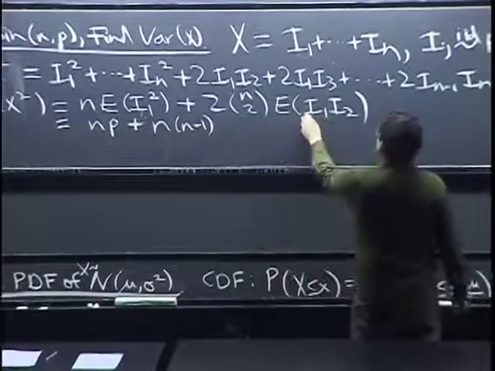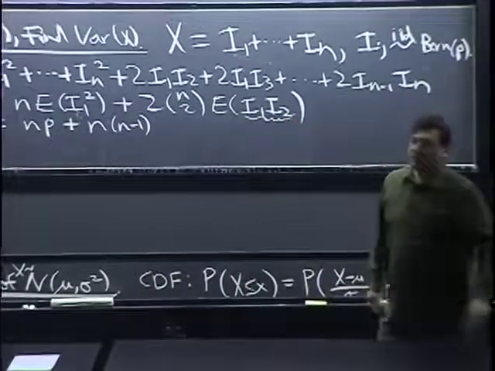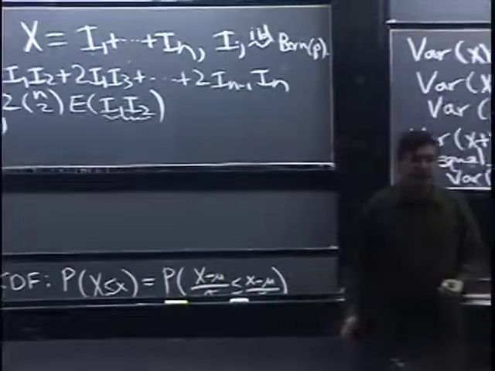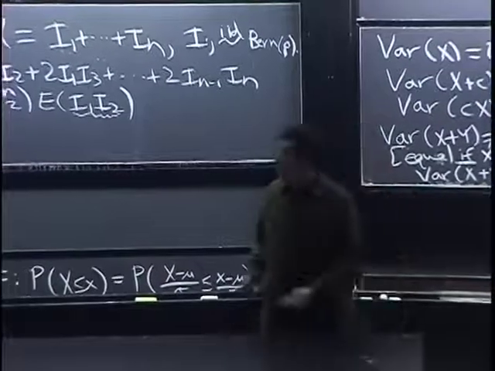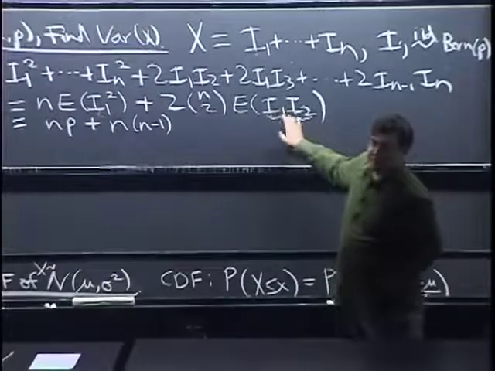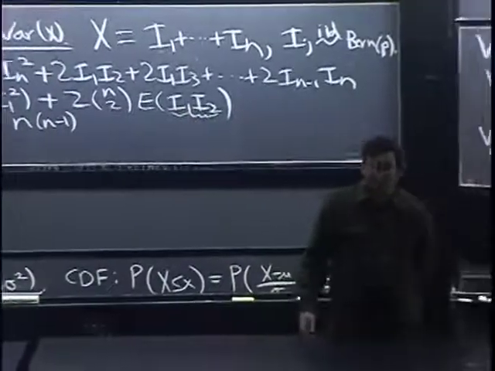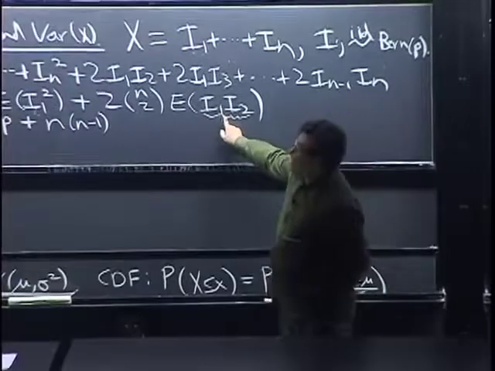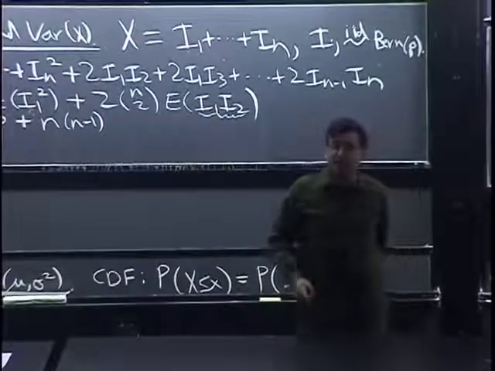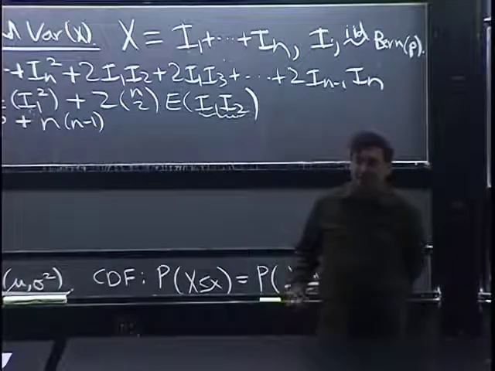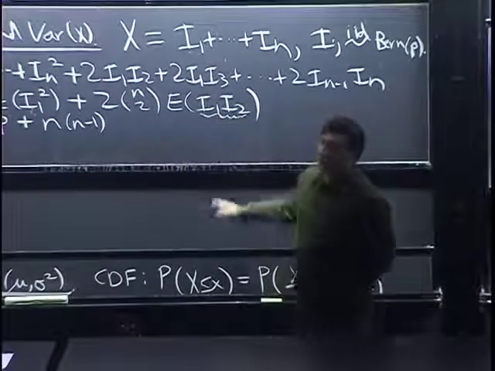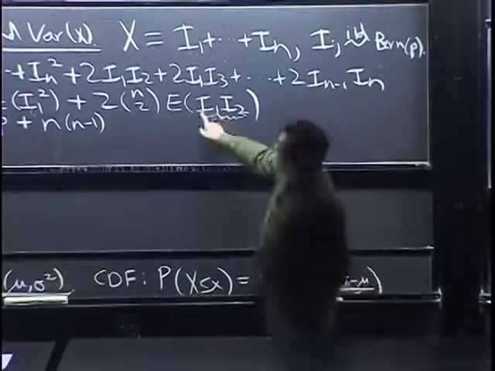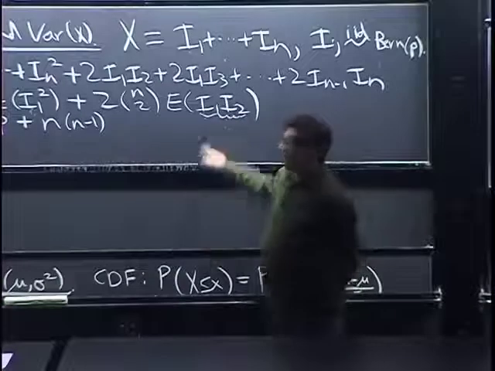Now let's think about this indicator random variable. Well, I called it an indicator random variable. Actually, it's a product of indicator random variables. But actually, a product of indicator random variables is an indicator random variable. This thing here is the indicator of success on both the first and the second trial, right? Because if you think of multiplying two numbers that are 0 and 1, you get 0 if at least one of these is 0. You get 1 if they're both 1.